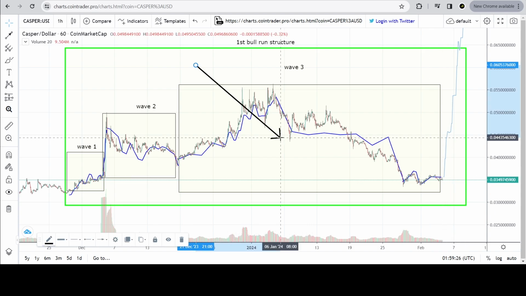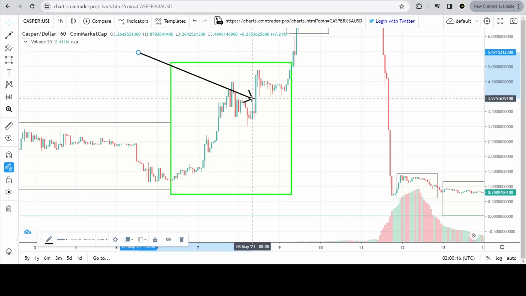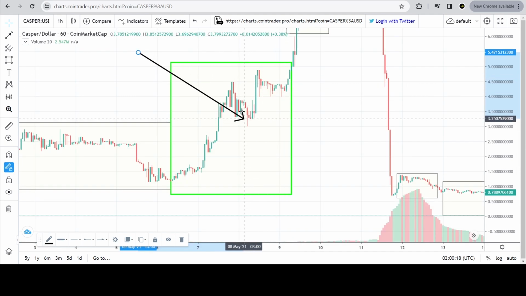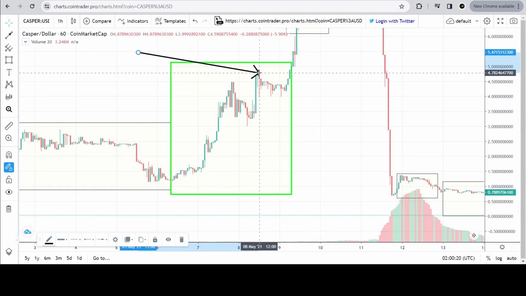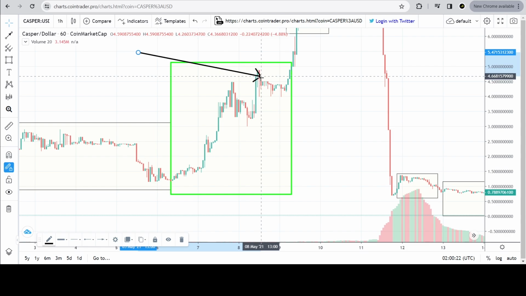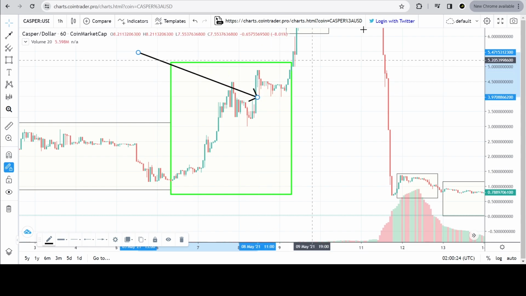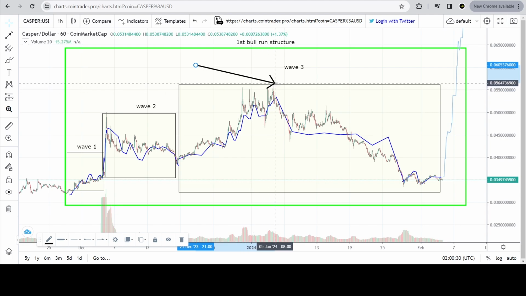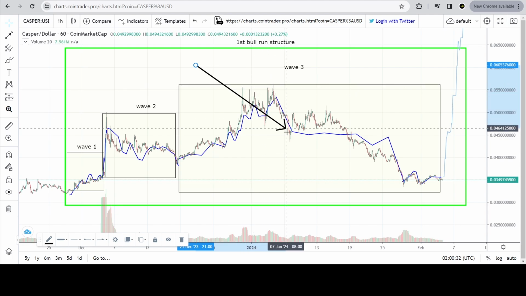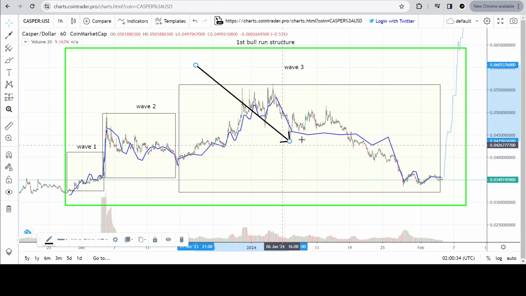So let me jump back to the original one and show you why I believe that this is the more accurate way to use this fractal on today's chart. Okay, so the differences pertain only to the third wave. So price moves up, comes to a peak, it then pulls back and does this dip right here.